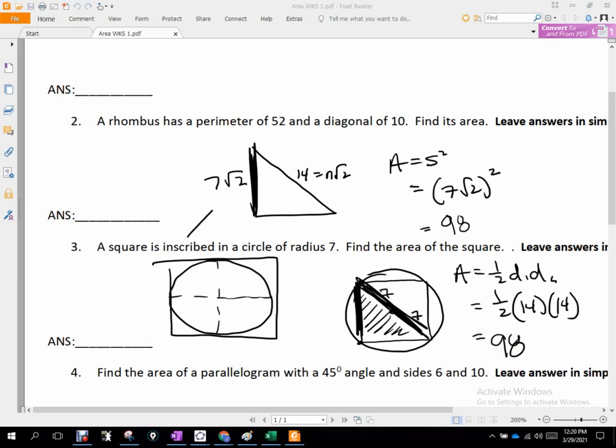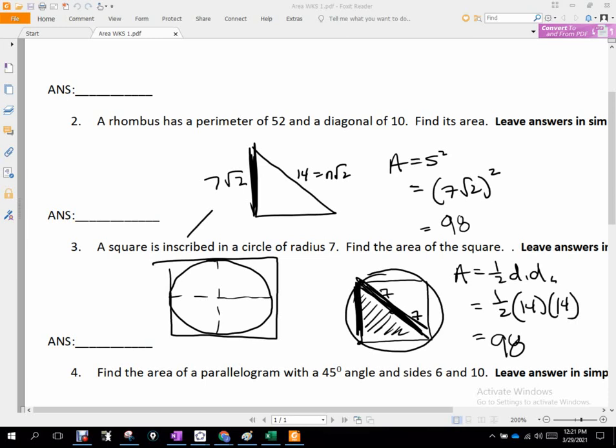Because the shape classifies as other shapes, if we have formulas for other shapes, we can use those. So if I ask you ever to find the area of a square, you have so many different ways you can do that. You can say, well, it's a square, so S times S. You could say it's a rectangle, so BH, which ultimately is still S times S, just that B and H are the same value.